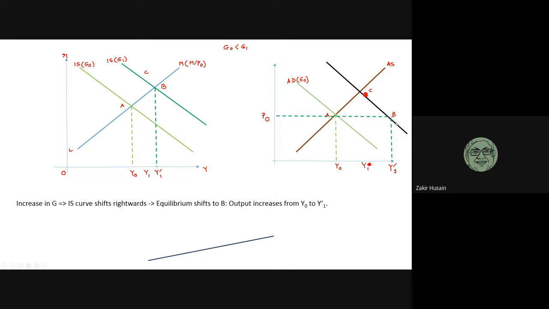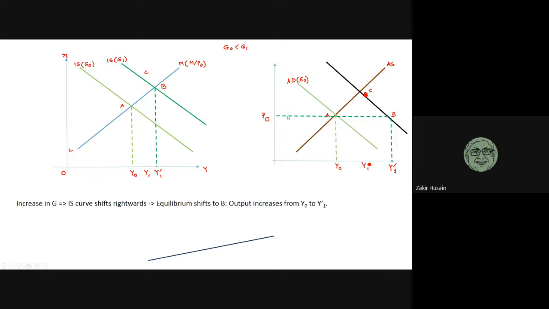In the ISLM market, we don't allow for price changes, right? There's no prices in the model. Prices are assumed to be constant. So therefore, in the ISLM model, when government spending increases, you simply move from A to B, and then the process stops.